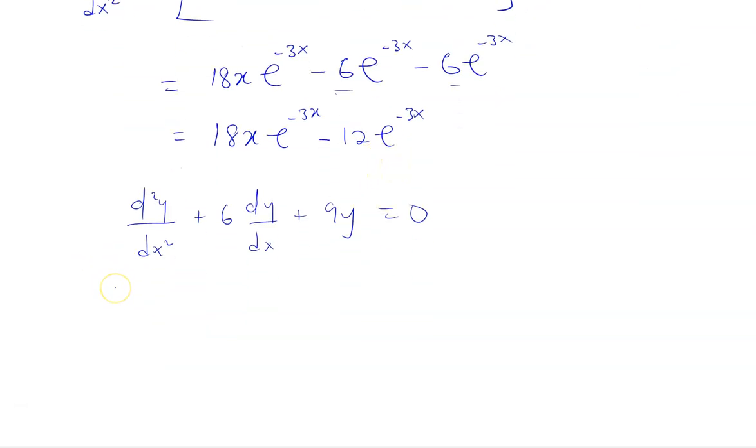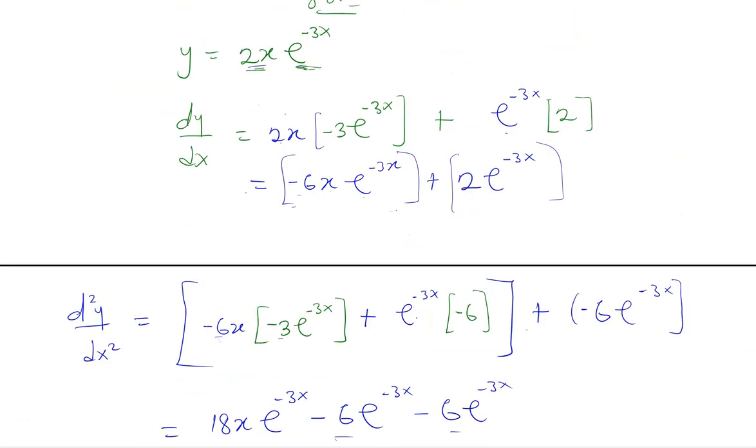So now we substitute. What is d²y/dx²? It was giving us 18x e^(-3x) minus 12e^(-3x). So that was for d²y/dx², and 6 dy/dx is giving us this expression. We can remove the two brackets, and once we remove them, it will be clearer to write.